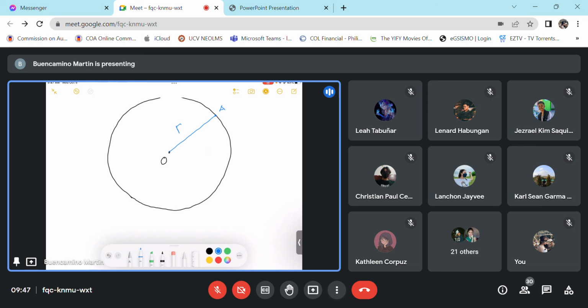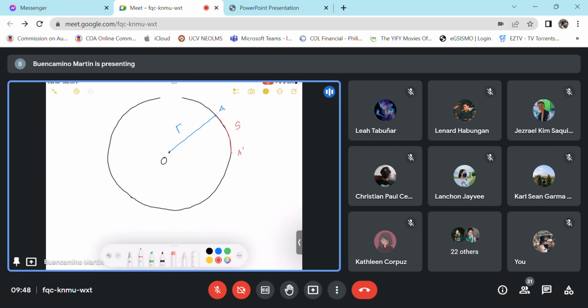Now, this is how radian came to be. If I'm going to consider a distance AA prime measured along the circumference of the circle, and I call this arc S. So AA prime is the distance in terms of arc length.